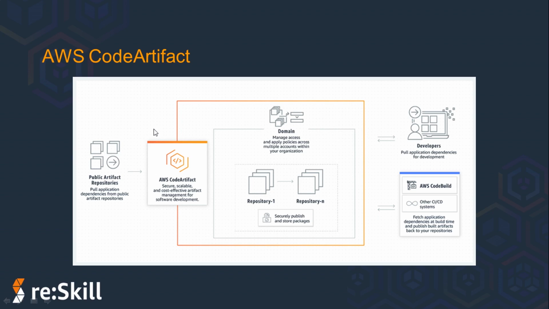In the diagram here, you can also see a CodeArtifact repo can fetch from the public repos. There can be multiple repos, each of them associated with the domain, and domains are for easy access control, as I have just mentioned. Developers, build processes, or CI/CD workflows can fetch the packages to make use of them.